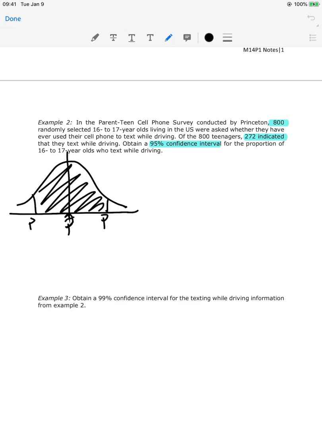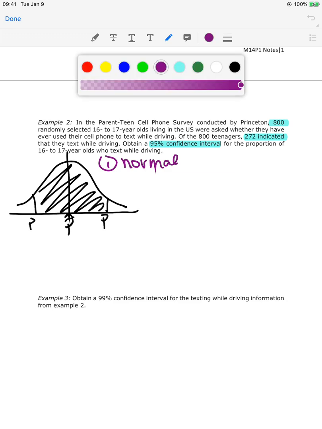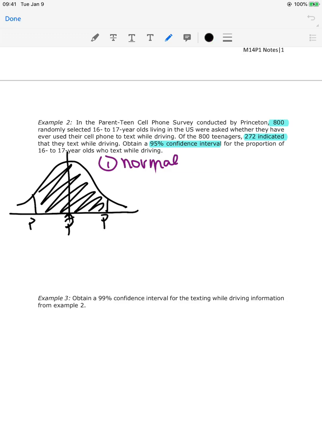So the first thing we really do need to do is make sure that we have a normal distribution. As you recall from before, we can find if a distribution is normal by taking n times p and verifying that it's greater than or equal to 10. We don't know what p is, so we're going to use p hat. So we need to first figure out what p hat is.